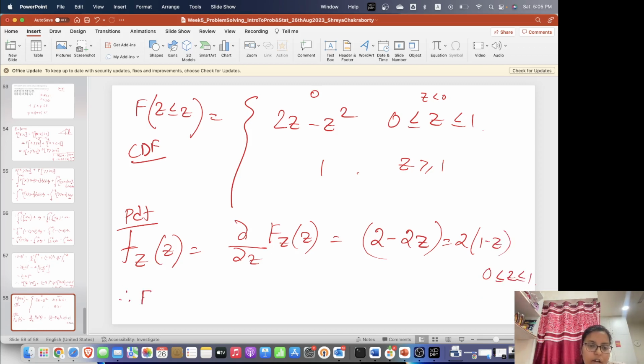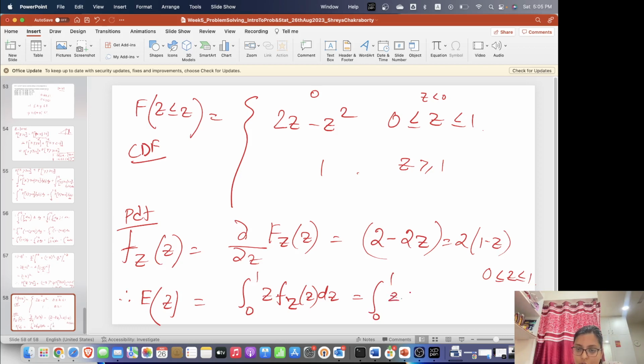So therefore the expectation of Z will be how much? It will be the integral from 0 to 1 of z into f_Z(z) dz. So it will be the integral from 0 to 1 of z into 2(1 minus z) dz.